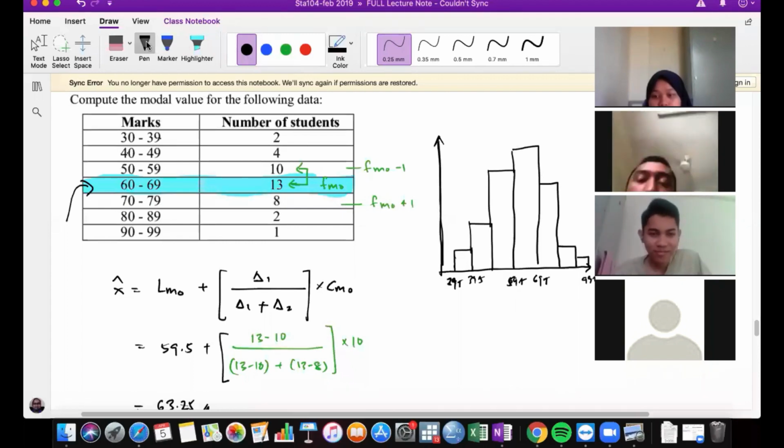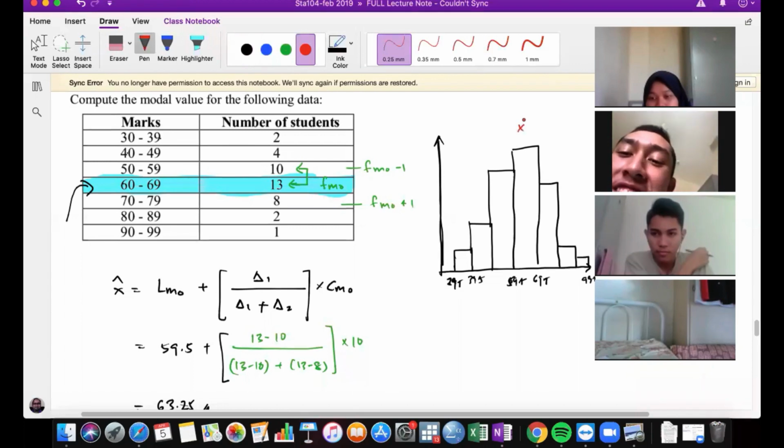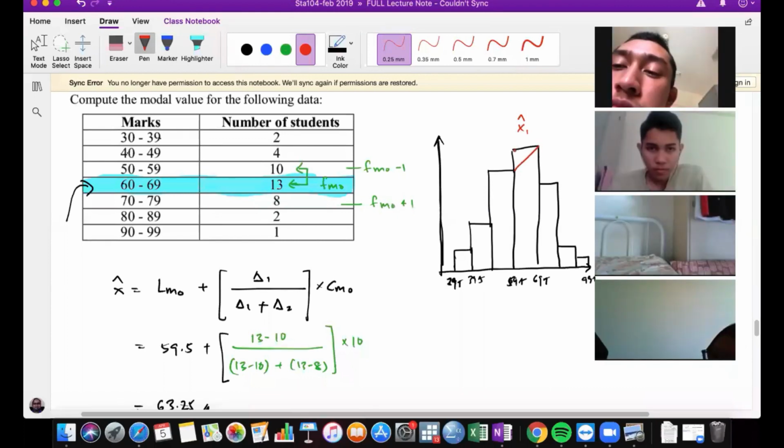To find the mode from a histogram, if you look at the histogram, you can see only one bar has the highest frequency, so we only have one mode. To find the mode from a histogram, you need to join this data value to this point, and this point to this point.